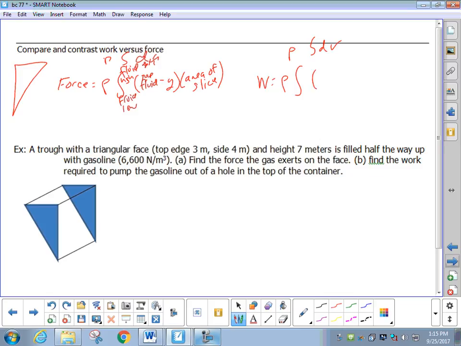Distance, when I have to pump a distance, is that about the top of the fluid or the top of the container itself? All right, so here the distance is top of the container minus Y. And V obviously stands for the volume of a slice. Rather than the area, we talk about 3 dimensions.